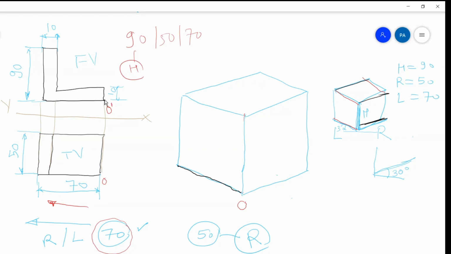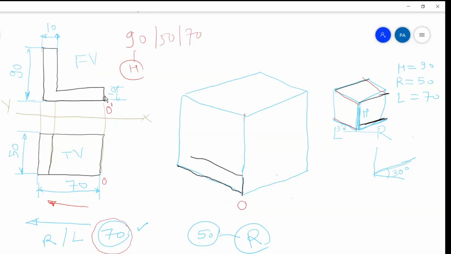after this I see this line, which is perpendicular to it, and it is for 10 mm. So I understand that I have to draw a 10 mm line here, and then this line runs parallel to the earlier line for how much? 70 minus 10, 60 mm. Again continue with this front view.